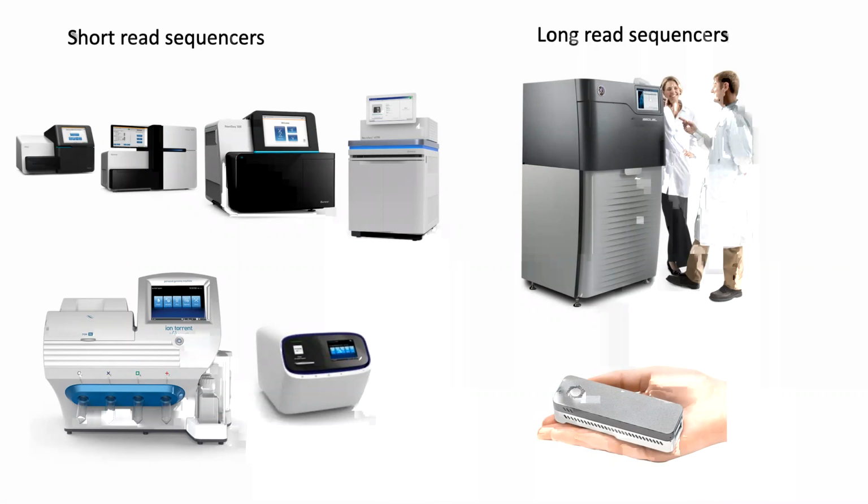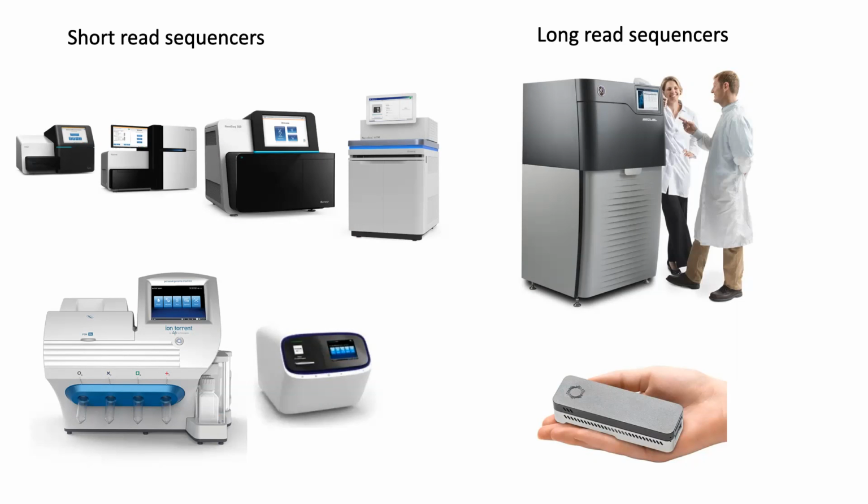For example, PacBio recently has developed 100 to 150,000 long read sequencing, which allows us to study in an unprecedented precision those areas that have a lot of repeats, for example.